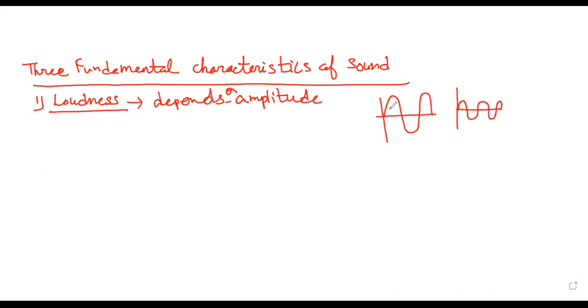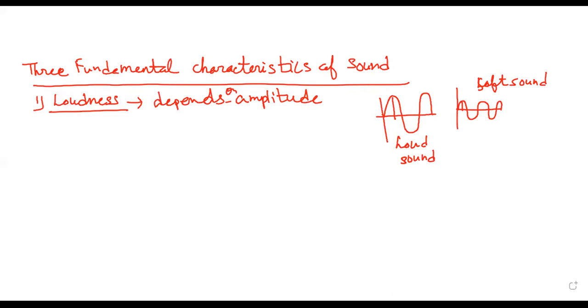Now you can see the amplitude: this one is high, this one is low. This is soft sound, right? And this is loud. So this way we can distinguish between these with the help of amplitude, right?